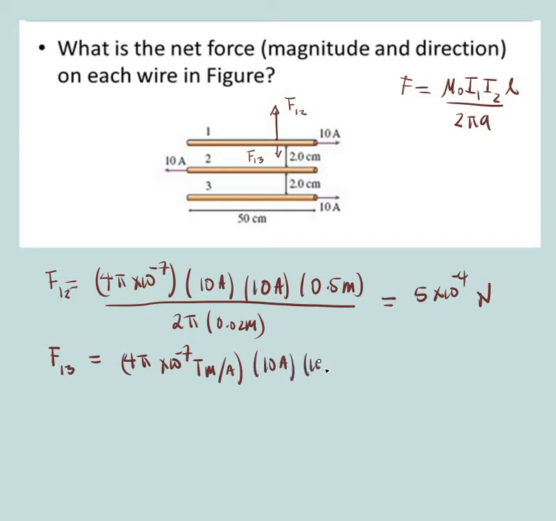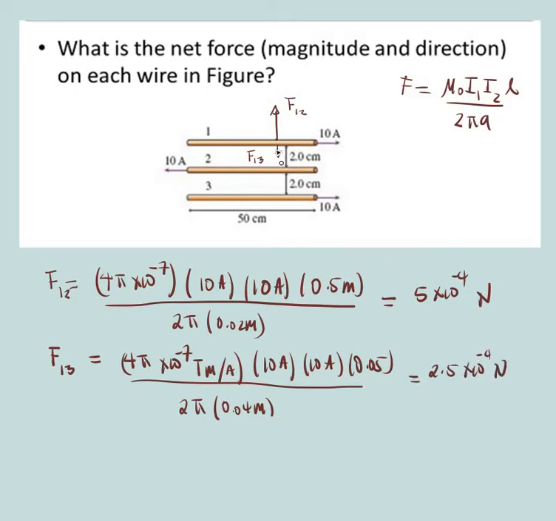And it happens that all currents are the same, times 0.5, and all of this divided by 2 pi times, what is the distance now? The distance from the first to the third cable is not 0.02. It's 0.02 plus 0.02, which is 0.04. And if we do this, you're going to get something like 2.5 times 10 to the minus 4 newtons.